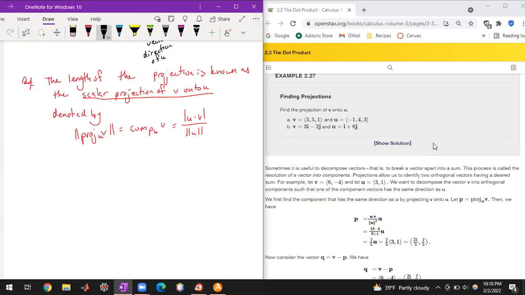All right, so let's tackle example 2.27. And this is about finding projections.